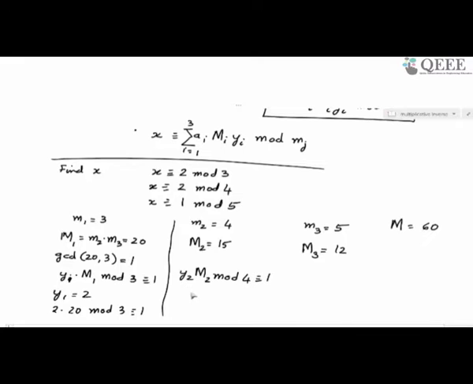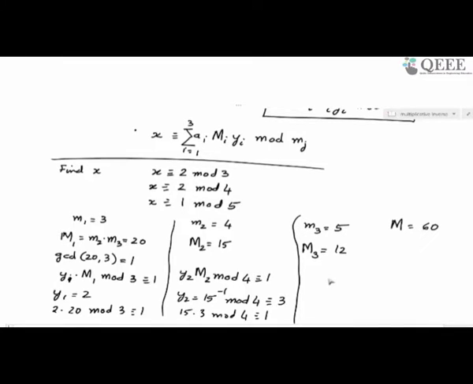If you try to solve this, you find that y2 is 15 inverse mod 4, which you can find to be equal to 3. If you look at it, 15 into 3 is 45, and 45 mod 4 is again congruent to 1.